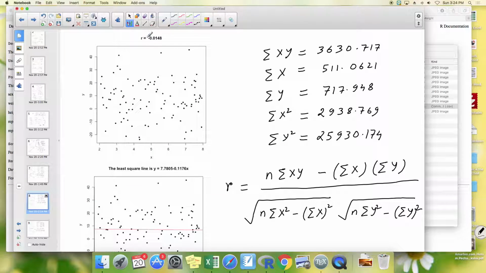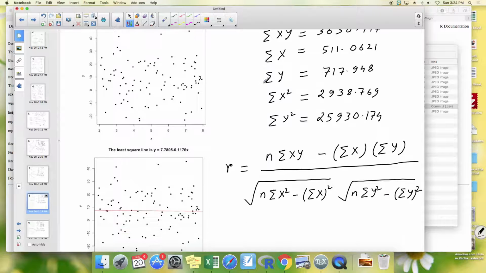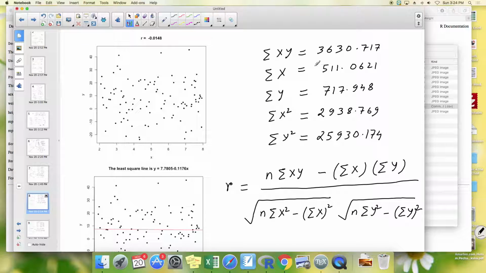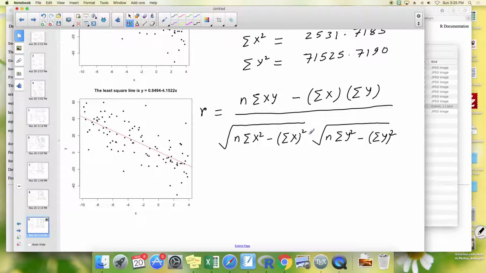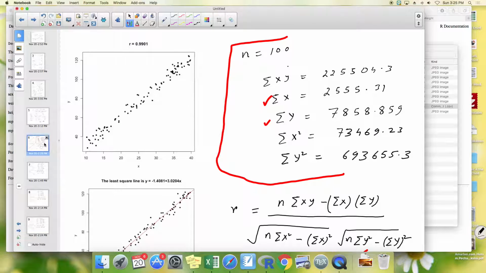And there's the next example with similar things. Here r equals minus 0.0148. You can plug in these values and get it. Similarly here you can plug in these values, here n equal to 50 by the way, and get r equal to minus 0.7366. The formula remains the same, obviously. So that's how you calculate r, and you can see that r equals 0.9901 means direction is positive and it's strong, and yes, it is strong.